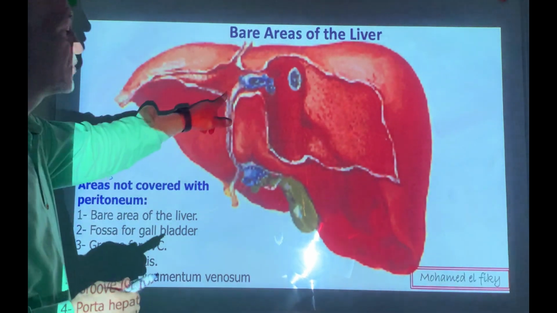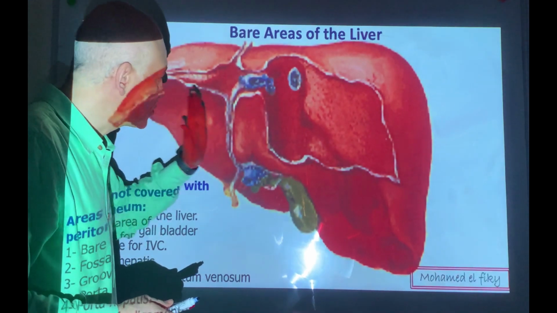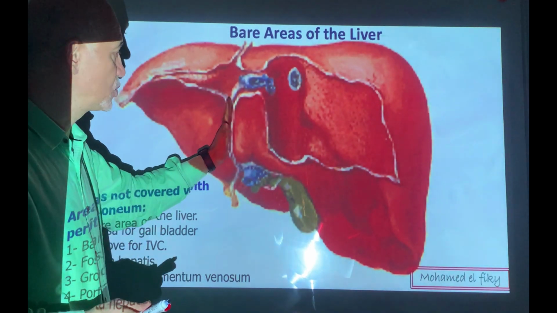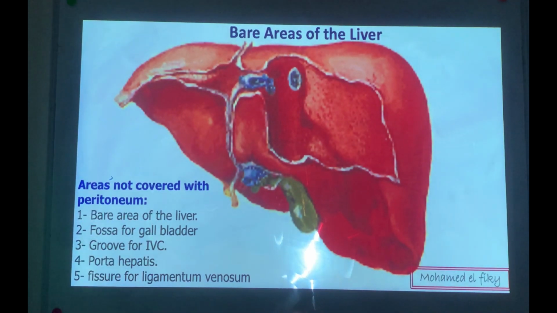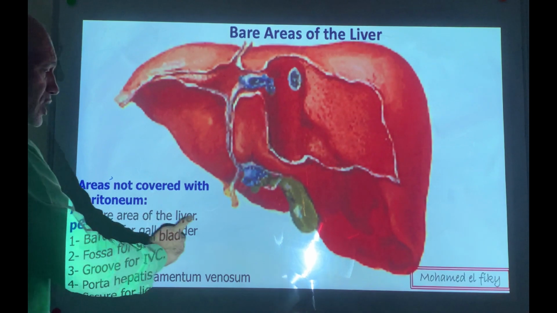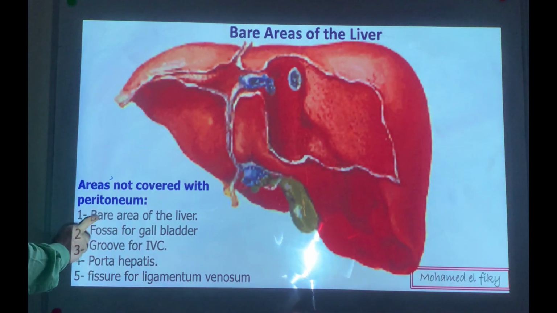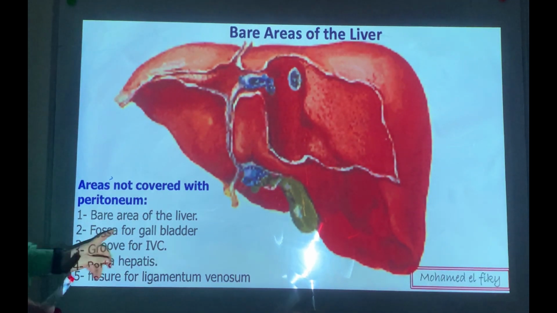The peritoneum will not enter inside the fissures for ligamentum venosum and teres, so inside the fissure is a bare area. But the main bare area of the liver is between the two coronary ligaments, the large bare area. Fossa for the gallbladder, groove for inferior vena cava, porta hepatis, and fissure for ligamentum venosum: these are the bare areas of the liver.